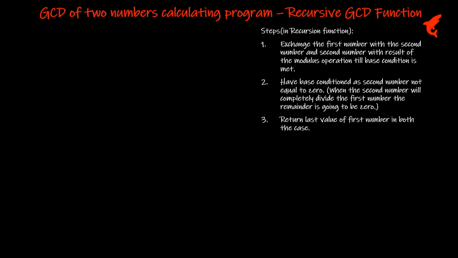Let's look at the recursive GCD function. So we have this GCD function with two parameters, first and second, both of type int, then bracket open bracket close. Then what we do, we make the call to the recgcd function to implement the first step. See, we have to repeat reassigning the values of first with second and second with the modulus operation, and we do so with the call itself. So in the next call to the recgcd function, we pass the first argument as second and the second argument as first modulus second.